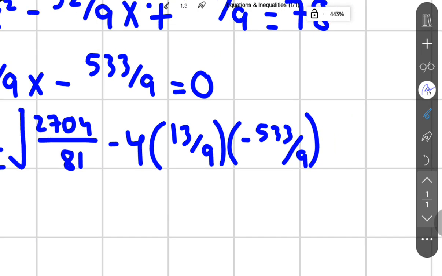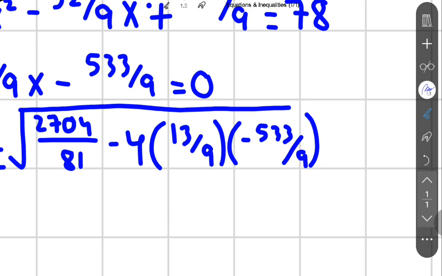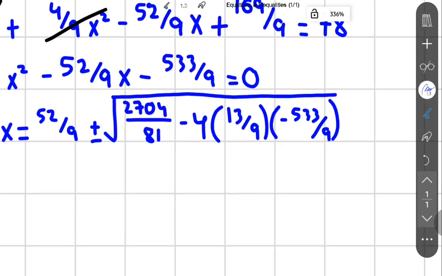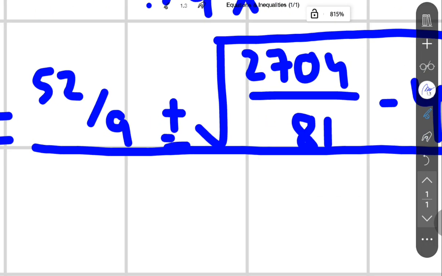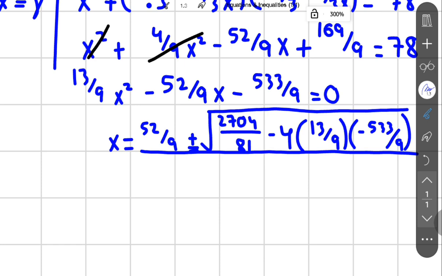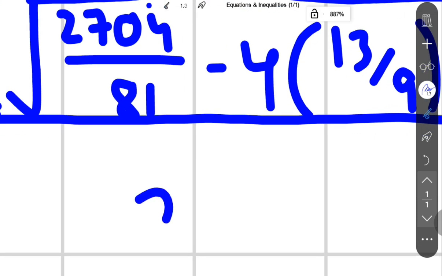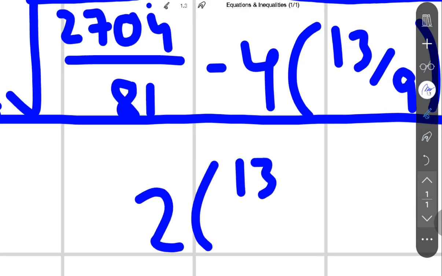And just close the bracket, close the square root, my apologies, all over 2a. And so we have 2 and 13 over 9.